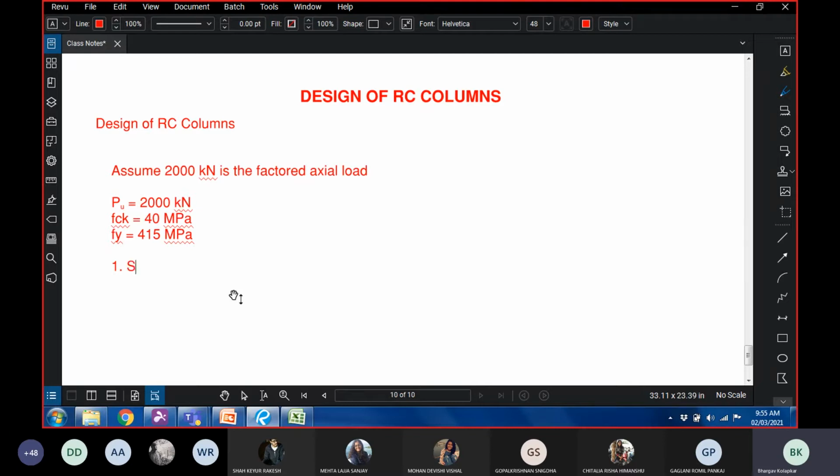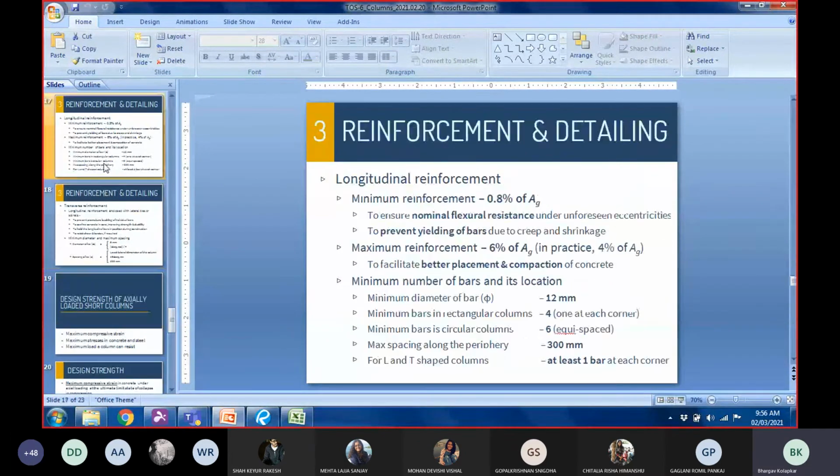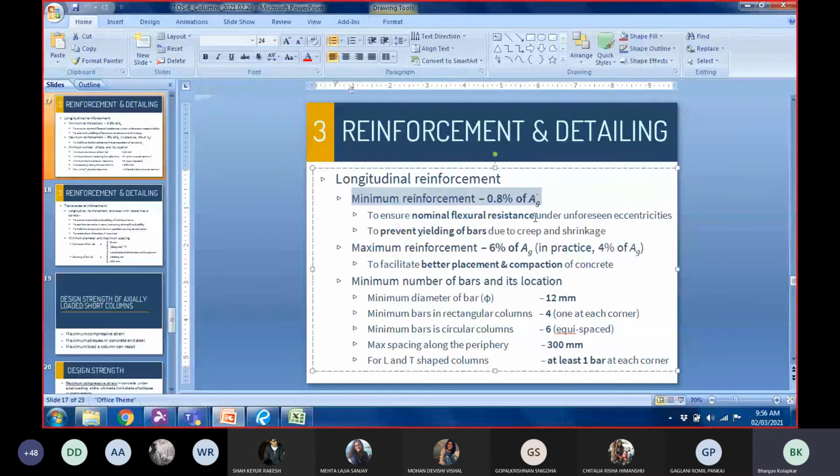The first thing is sizing of the column. Now, what do we know that can help us size this column? If we go back to our design slides, the code says that the minimum reinforcement is 0.8% and the maximum reinforcement is 6%, but we stick to 4%.